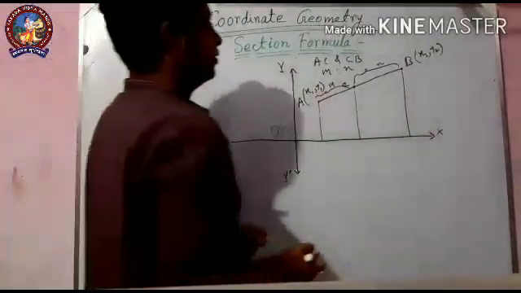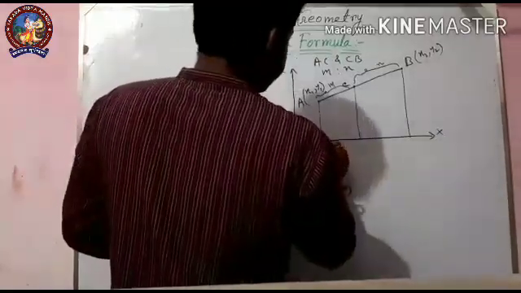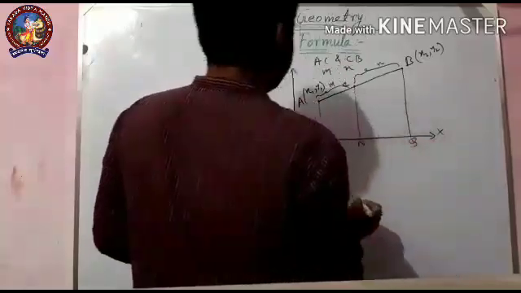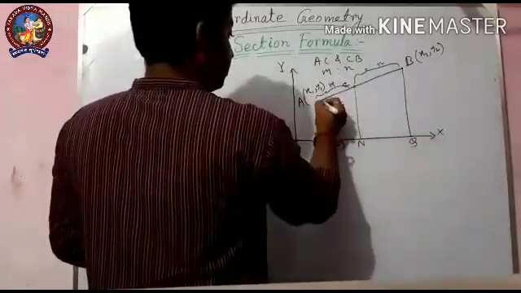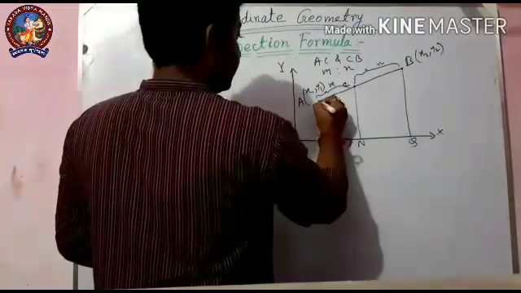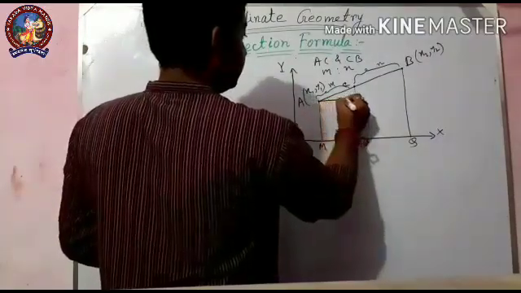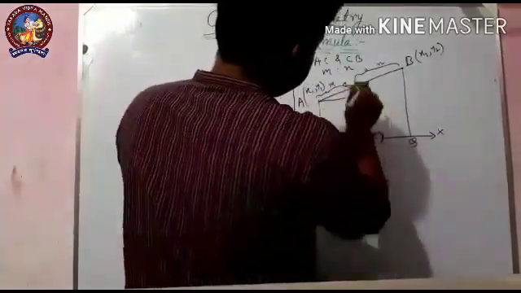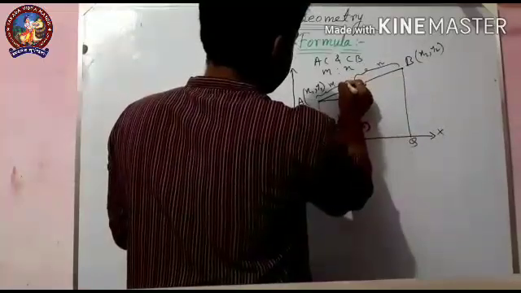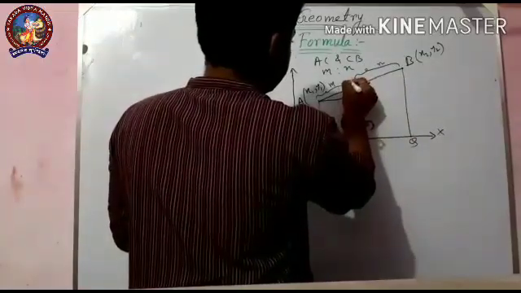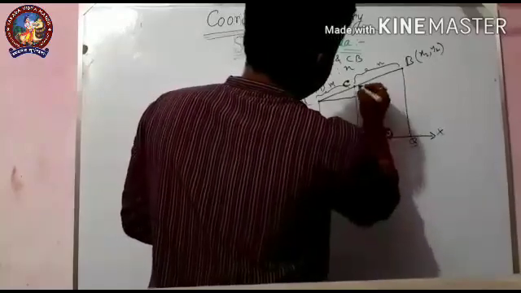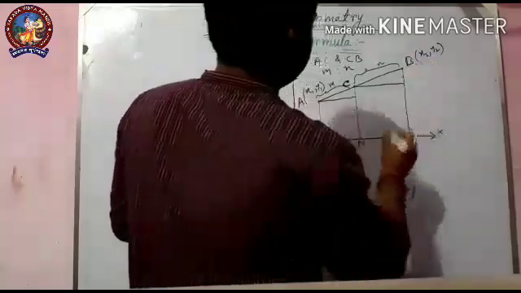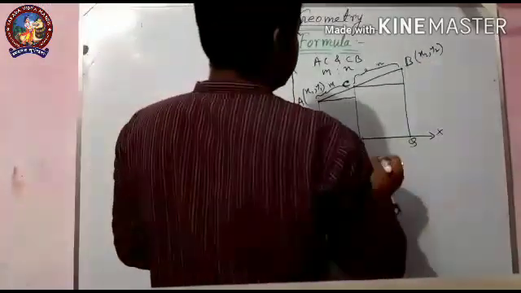Let's name the feet M, N and Q, and draw a parallel line from the point A on the line segment CN, and from point C on the line segment BQ.